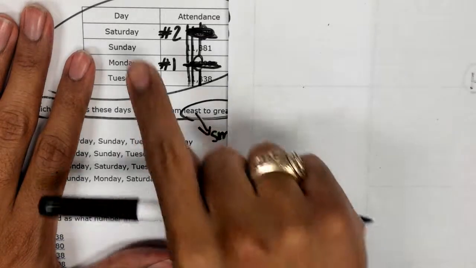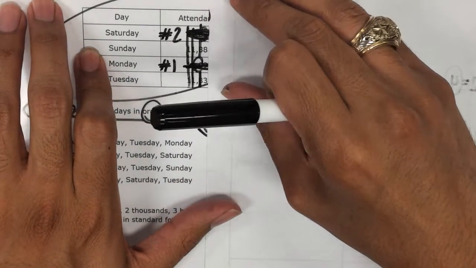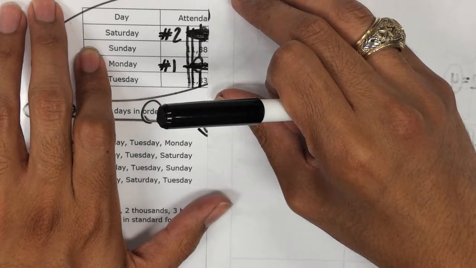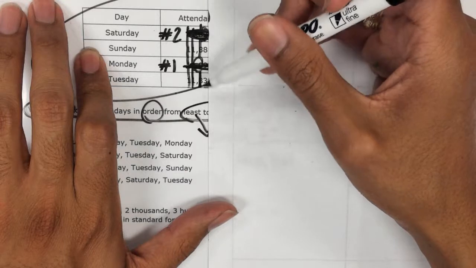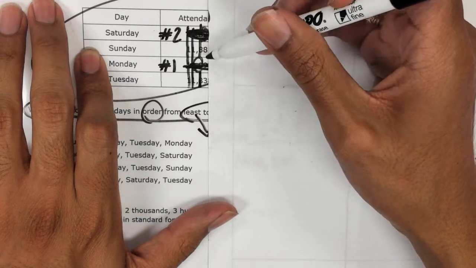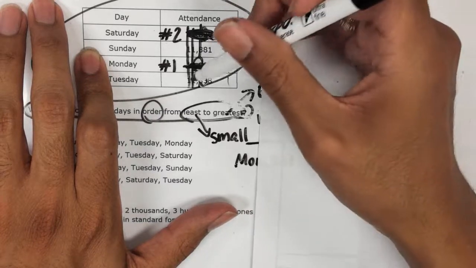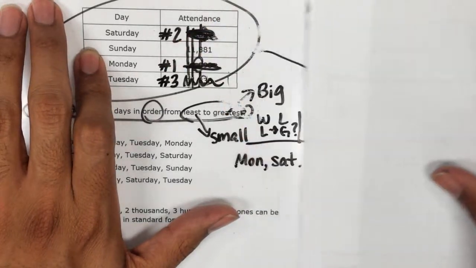So now that leaves Sunday and Tuesday. Let's go back to that place value. Let's go to the 10s. Now in the 10s place, 3 is smaller than 8. So let's circle that and cross it off, because that is my number 3 smallest number.